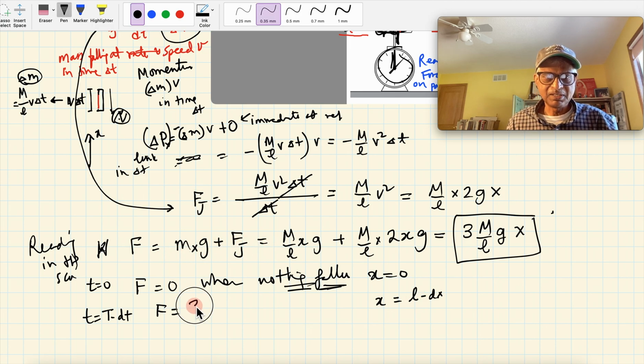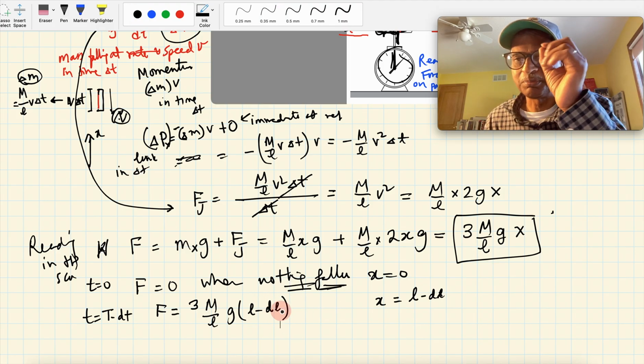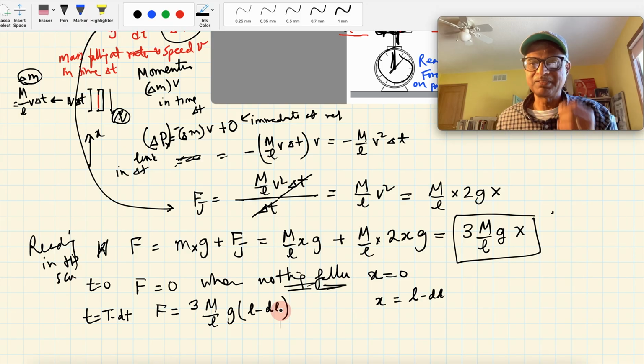So it's going to be 3 m over l g times l minus, let's call it dl. Just a little bit of the chain, a fractional chain, still hasn't really come to rest.